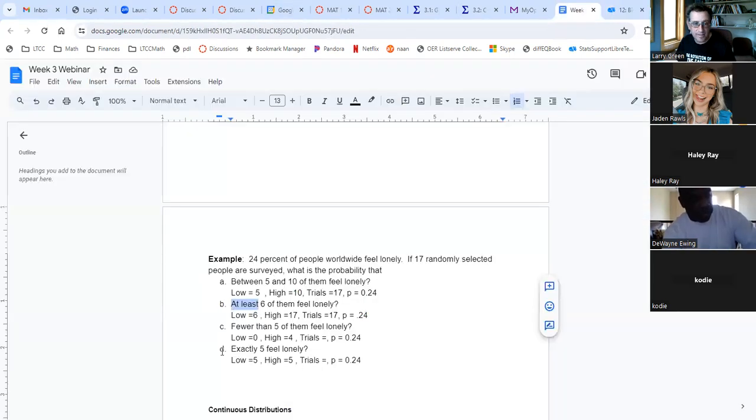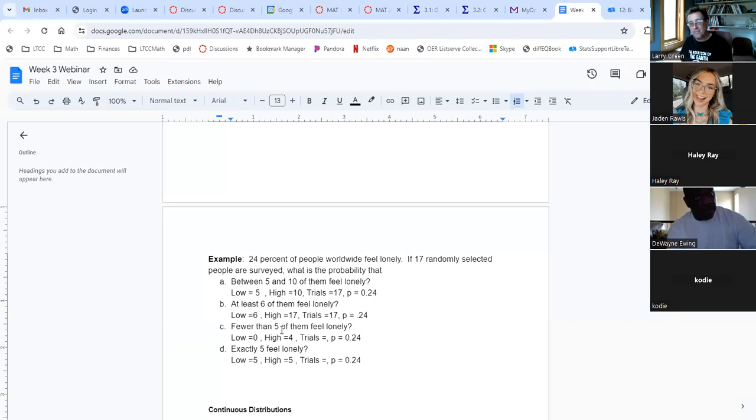Okay, let's look at the next example. Fewer than 5 of them feel lonely. A lot of people have trouble here. Hopefully you all know that the smallest number that's fewer than 5 is 0. You can't have a negative number of people. So 0 will be the low. And fewer than 5 with a discrete variable, 5 is not the high, because 5 is not fewer than 5.